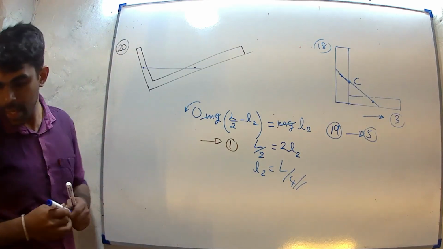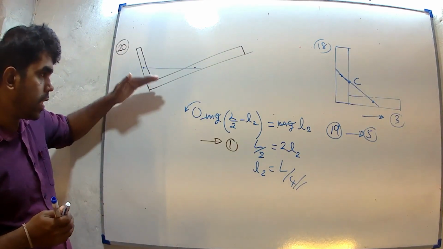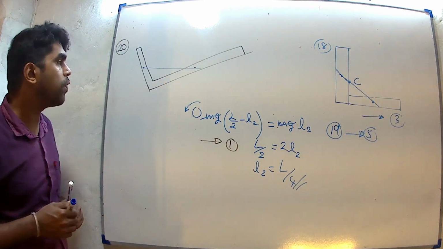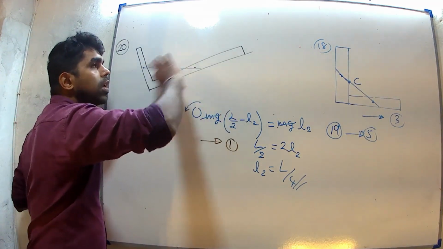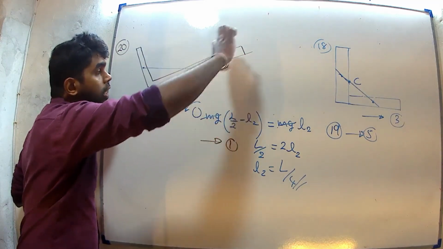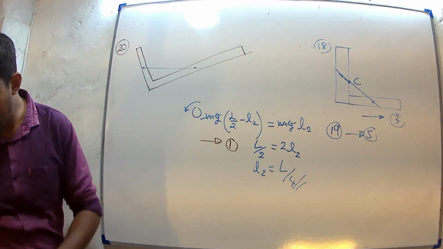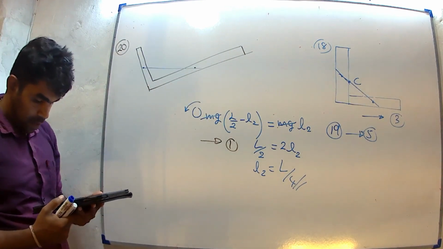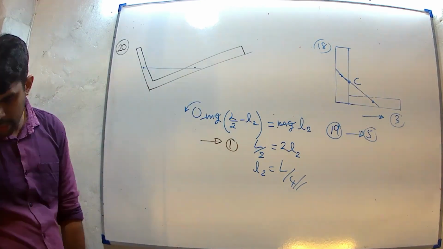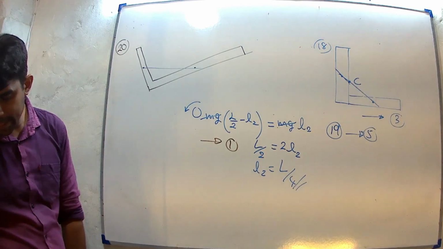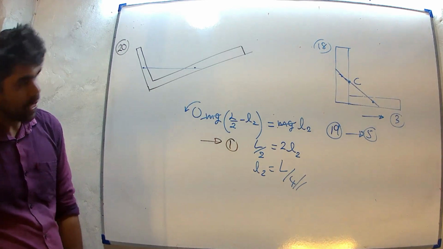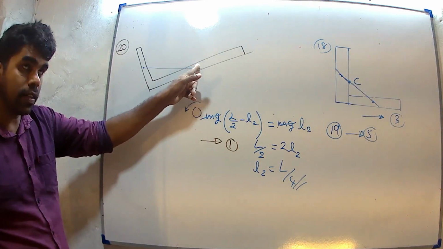And when considering the lengths of the two parts, the center of gravity should be near to this part, because it is longer than this part.